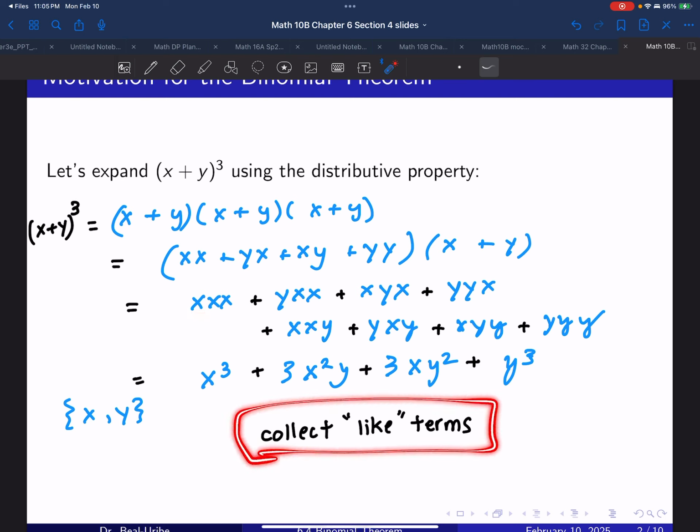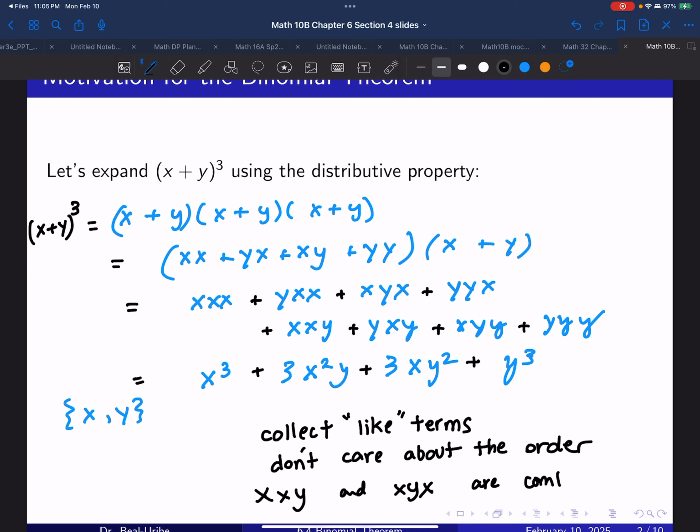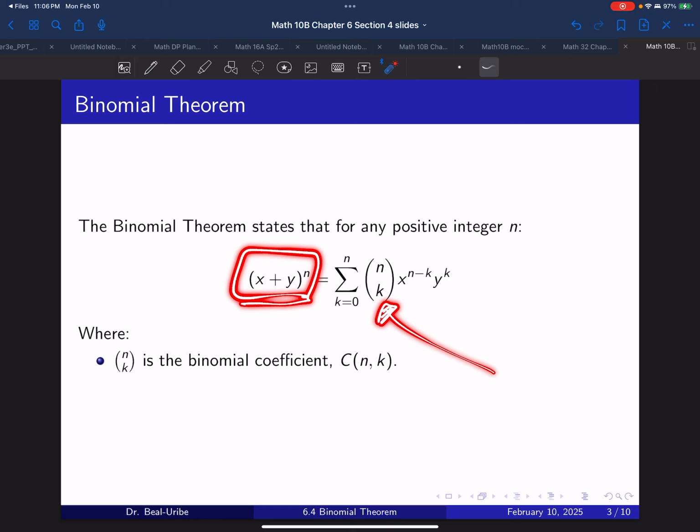And when we collect like terms, what we're doing is saying that really we don't care about the order. So xxy, xyx, and yxx are combined. So really we're talking about combinations.